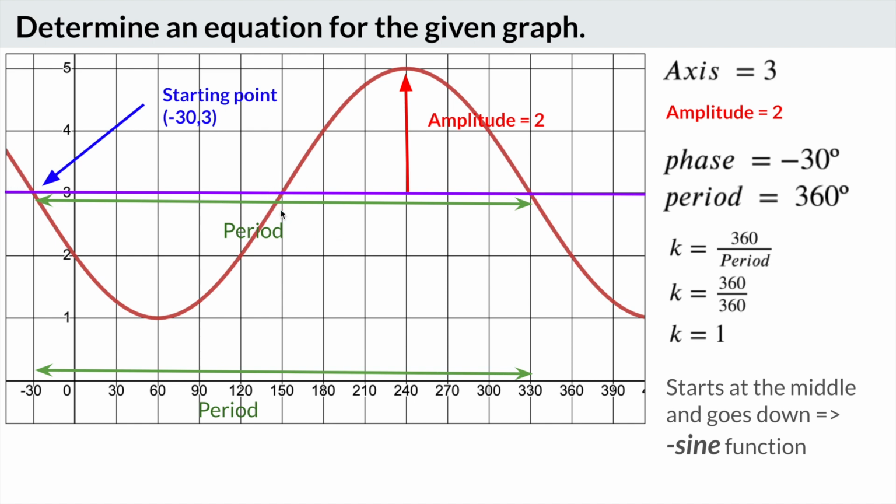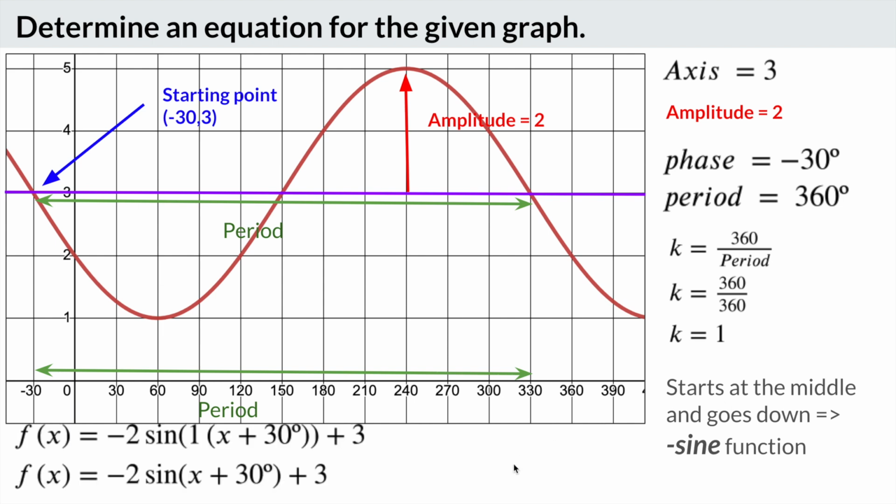But an untransformed sine function starts at the middle and then goes up. Ours starts at the middle and then goes down, which indicates that there is a reflection here. So we are going to have a negative sine function. My final equation, once we've subbed everything in, is negative sine.